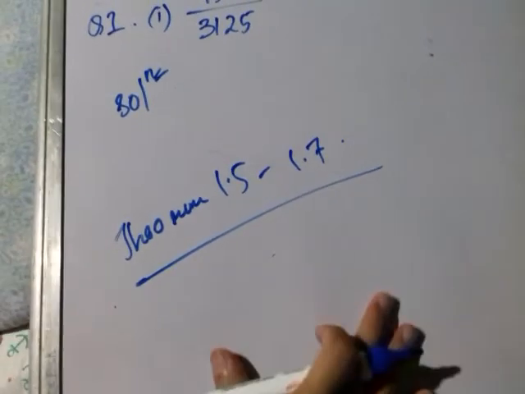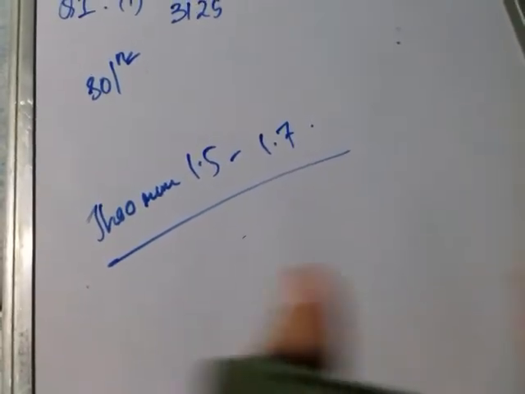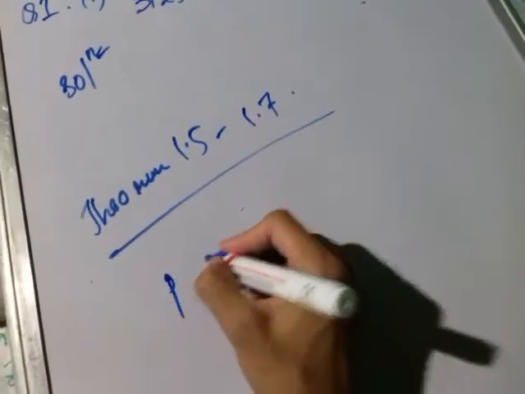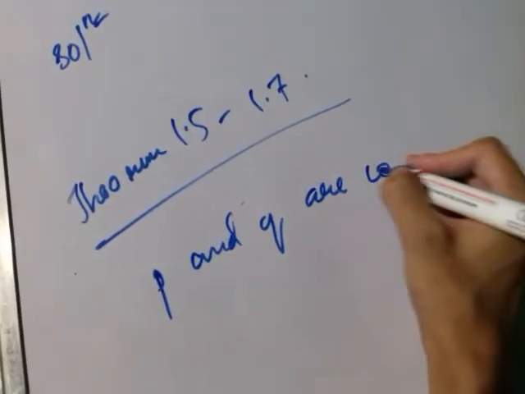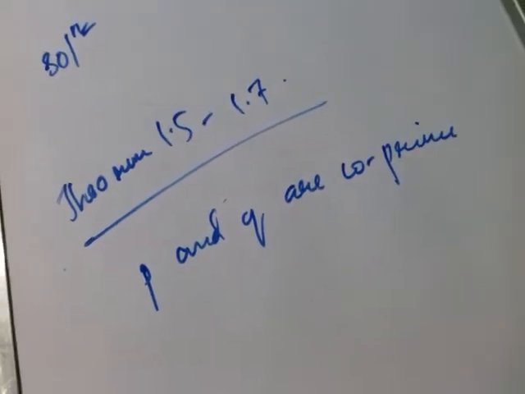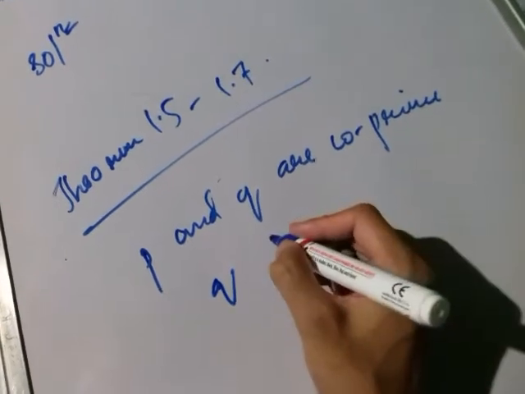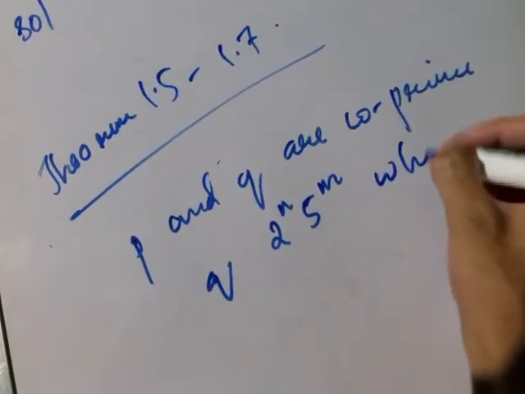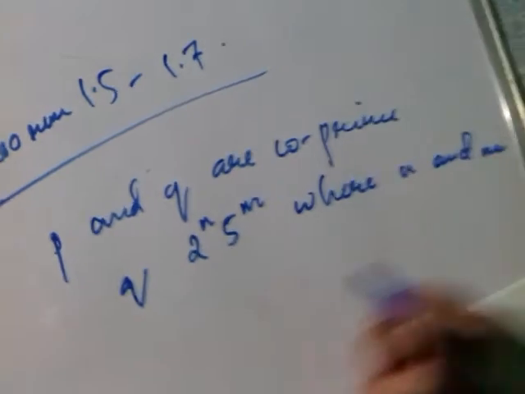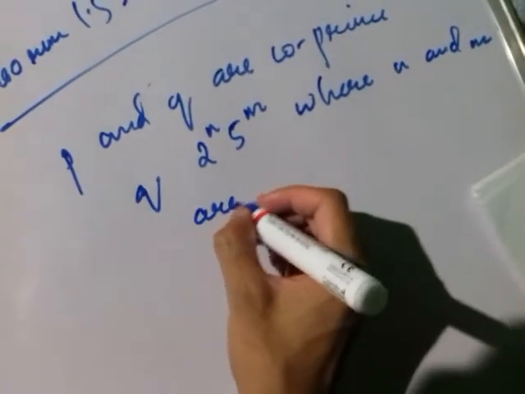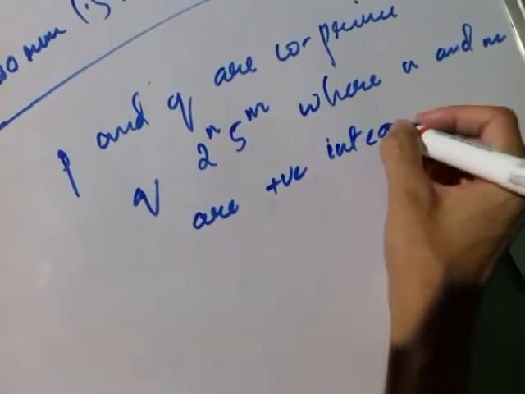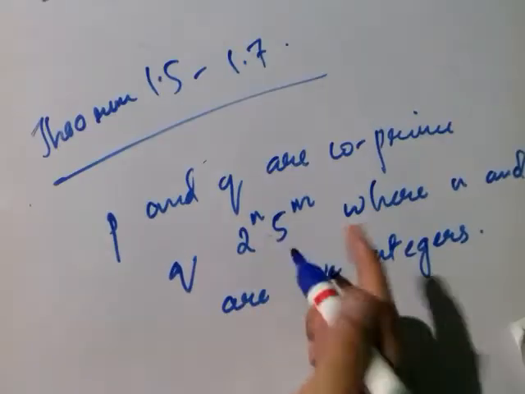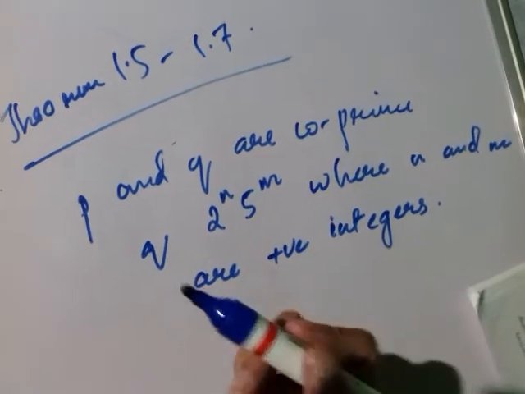If you see theorem 1.5 to 1.7, you will see that if x can be expressed in the form p by q, where p and q are co-prime, and the prime factorization of q is 2 to the power n into 5 to the power m, where n and m are non-negative integers, that means n and m will be positive integers, they won't be negative integers.